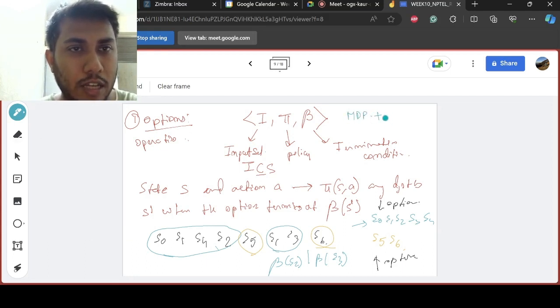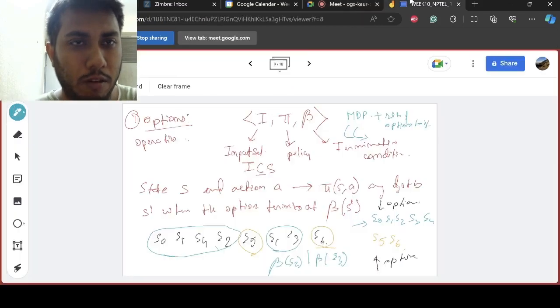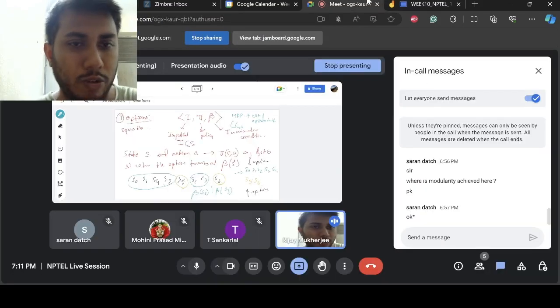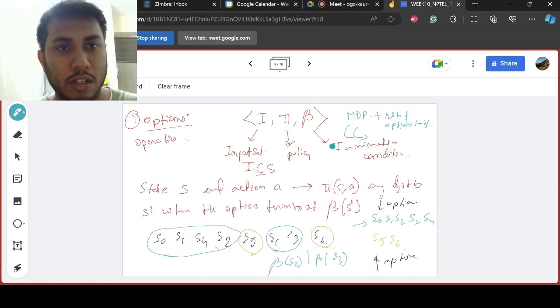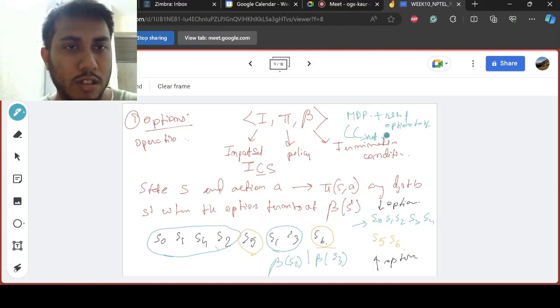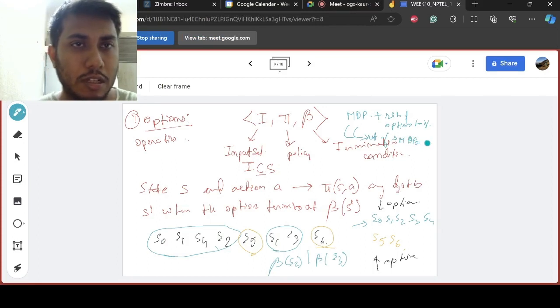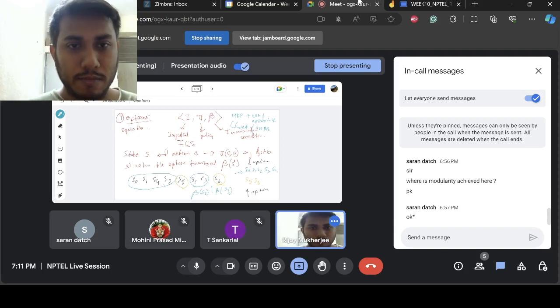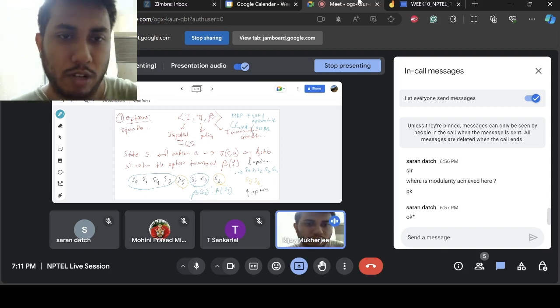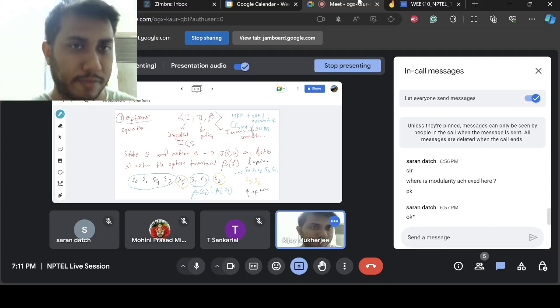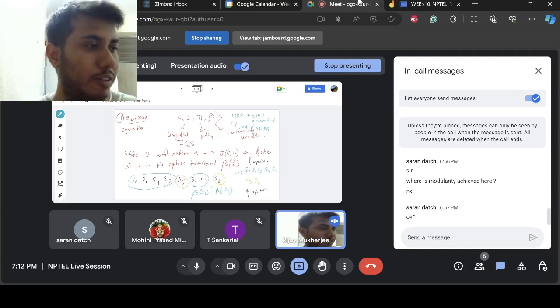We are adding a set of options to it, and what you are getting out of it is a set of SMDPs, right? That is what you are getting. You have an MDP, you are adding a set of options, and you are getting a set of SMDPs.